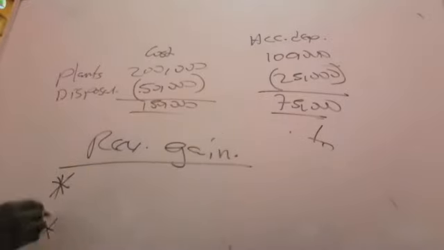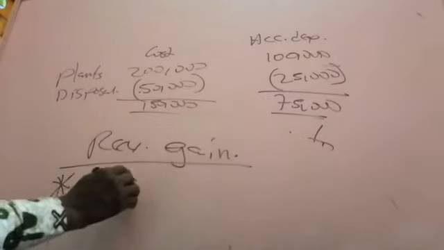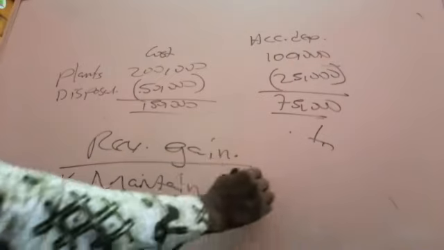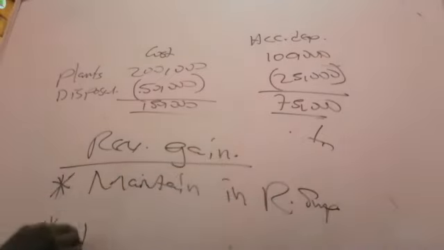Option one, option two. Either you maintain it in the revaluation surplus account, or you transfer to the retained earnings. So these are the acceptable treatments. Let us say this asset that you disposed of, you revalued it maybe 2 years ago and you had a gain of 30,000 cedis.